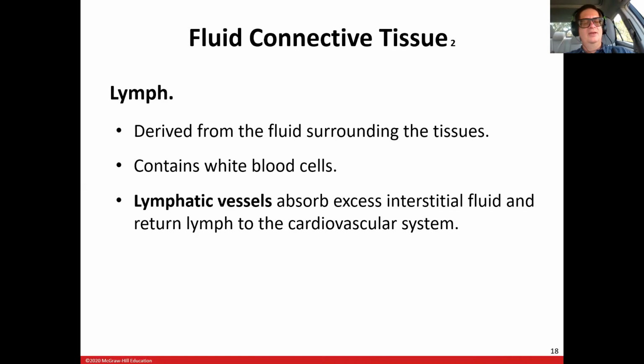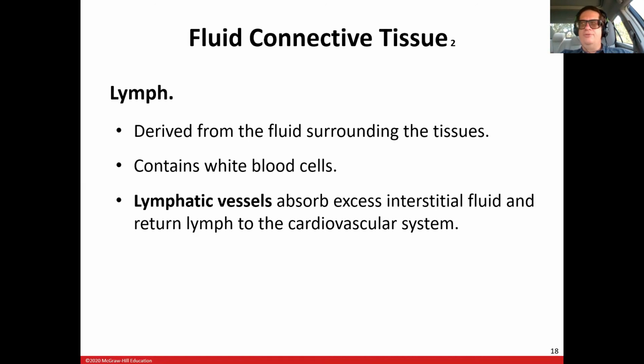But the fluid can go out. And that's actually how you deliver nutrients, how you deliver oxygen to the cells. The fluid will leave the bloodstream and go into the interstitial fluid, it'll become part of the fluid around the cells. And that's where you do exchange of nutrients and waste, things like that.